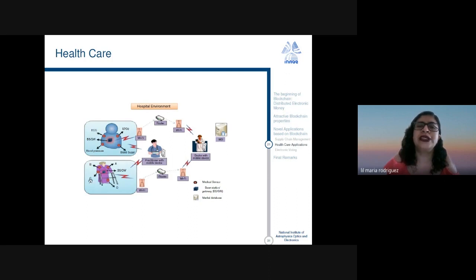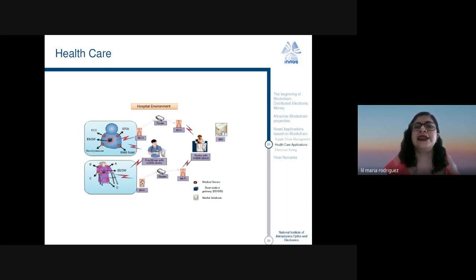As you can see, we have the patient, and the patient has a lot of sensors that are monitoring different variables like blood pressure, blood sugar, and other things.